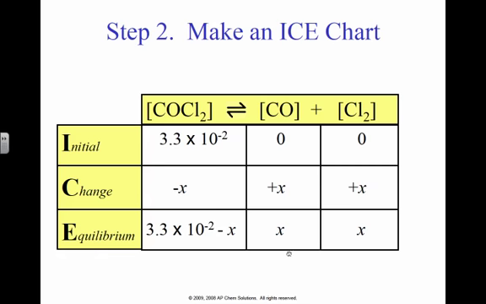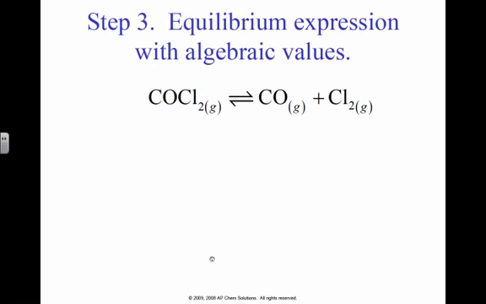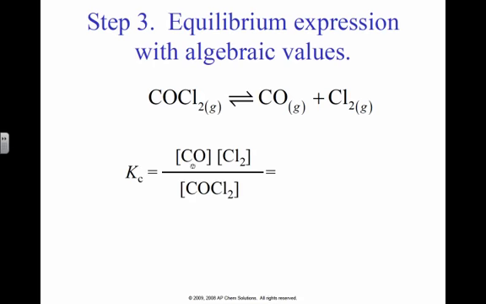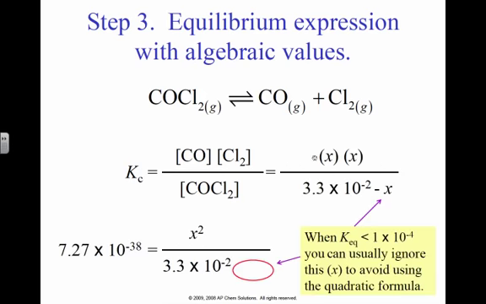I'm going to plug these values into my Kc expression. Kc for this would be the concentration of carbon monoxide times chlorine divided by COCl2. So now I plug in my values, x times x, which is x squared, over 3.3 times 10 to the negative second minus x, and this x is going to be so small that I can just get rid of that step. It makes the math a lot easier.